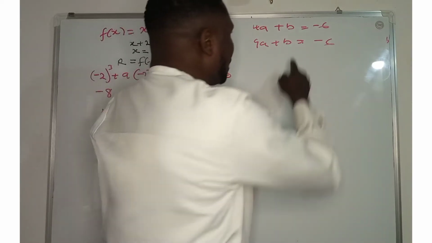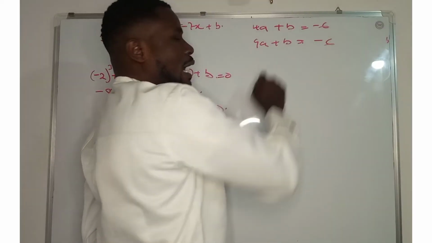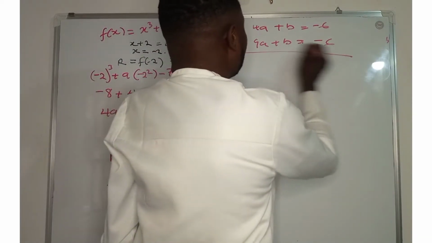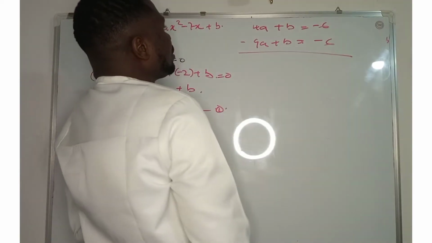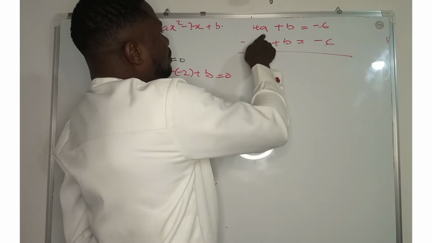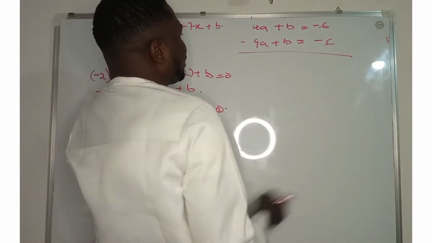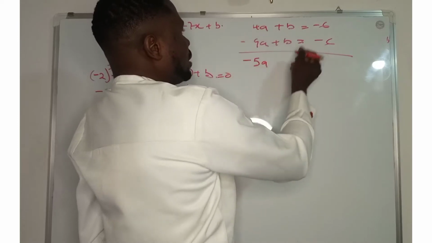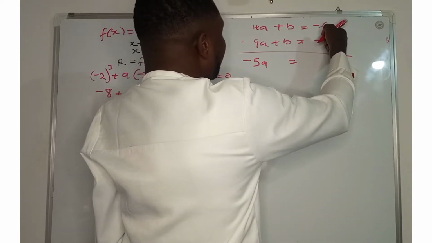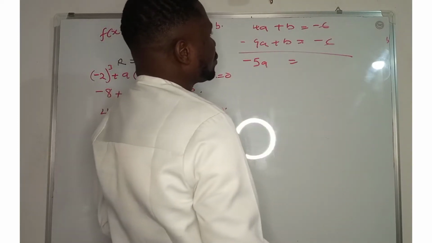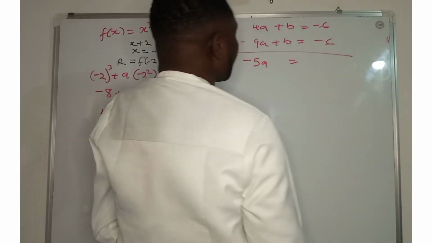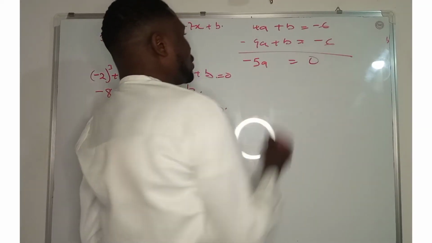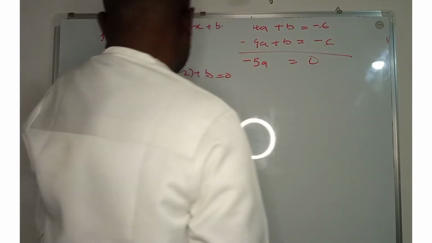Now, this is a simultaneous equation. Since the coefficients of this b and this b are the same, we can do direct elimination. So this is 4a minus 9a, which of course will give us minus 5a. The b minus b is 0. Then minus 6 minus minus 6 will give us 0.